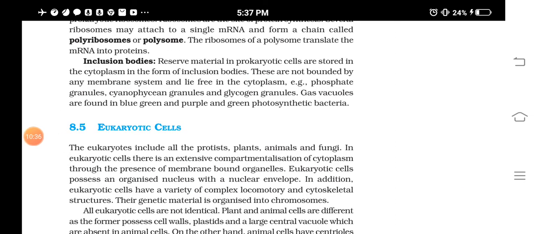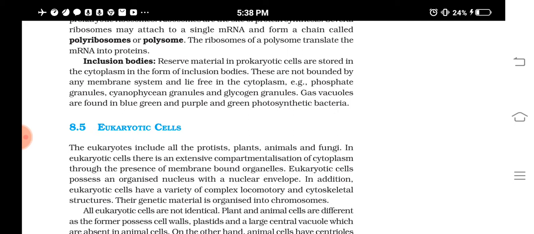You can also see that a number of reserve food materials and other things are stored in the cytoplasm in the form of certain inclusion bodies. They do not have any membranes, but lie freely in the cytoplasm.